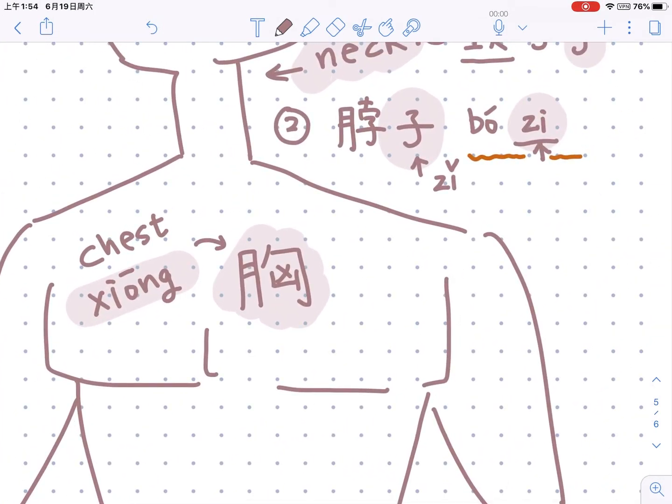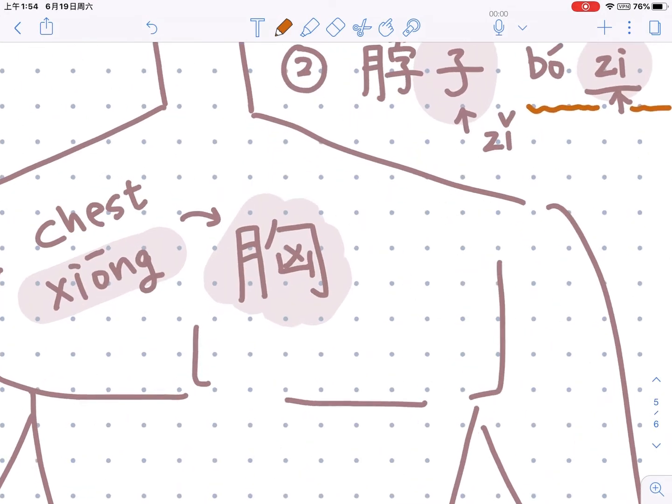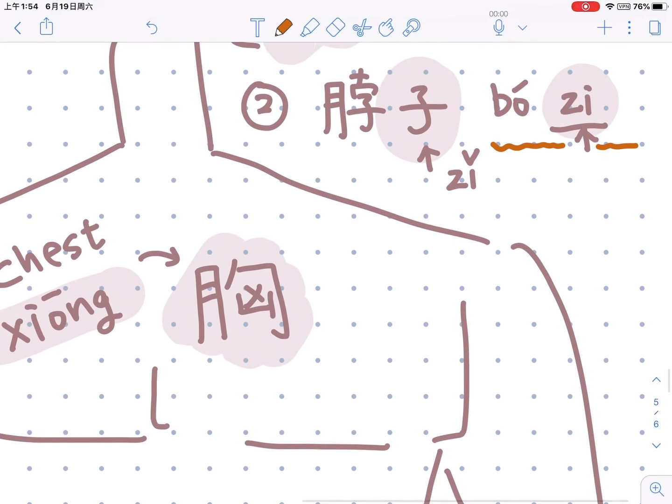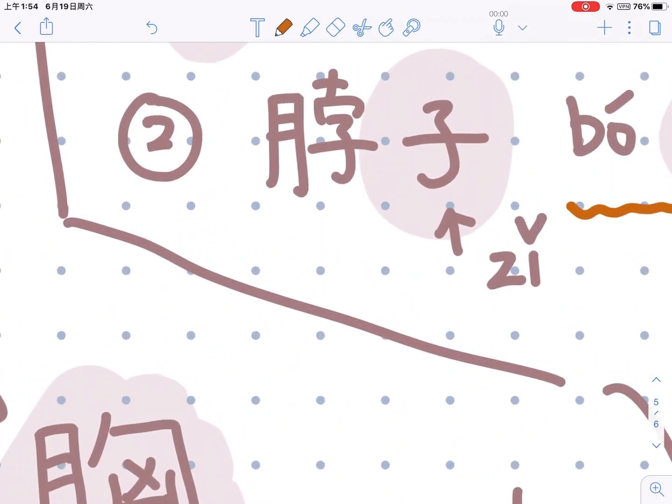here's a tip. If you guys are clever enough, I bet you have found something interesting, because in the character 脖, you will see that the left part is a 月, right?